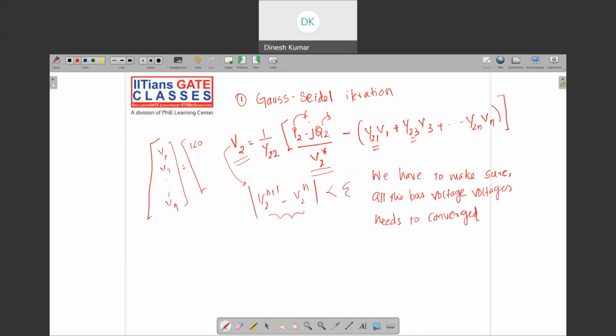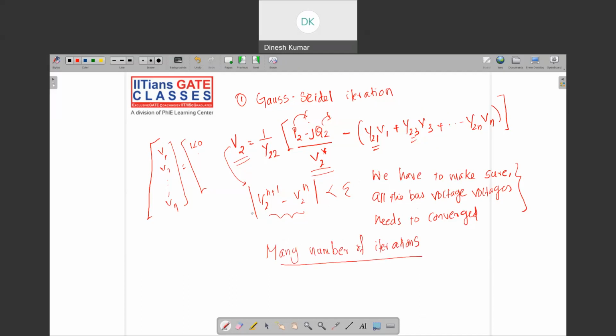This is the most important part, because if one or two buses converge and others do not, then we cannot stop the Gauss-Seidel. So that's why it takes many number of iterations.